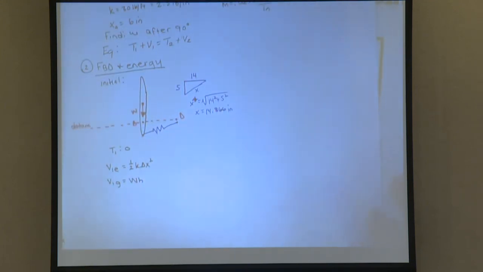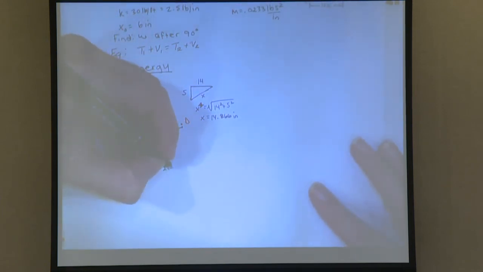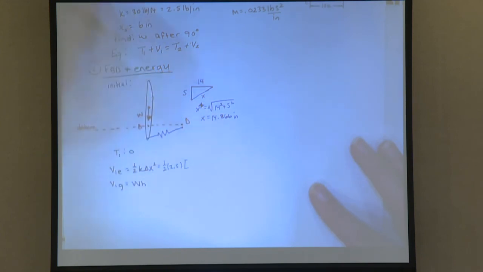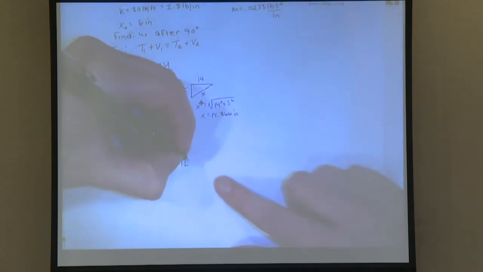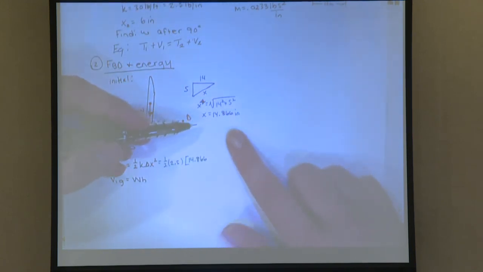So we can go ahead and solve for these. We have 1/2 times k, which we said was 2.5, times our delta x, which is 14.866. That's the length of our spring that we calculated, minus the unstretched length, squared.